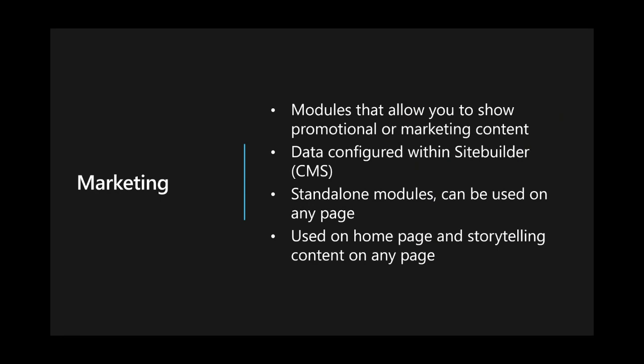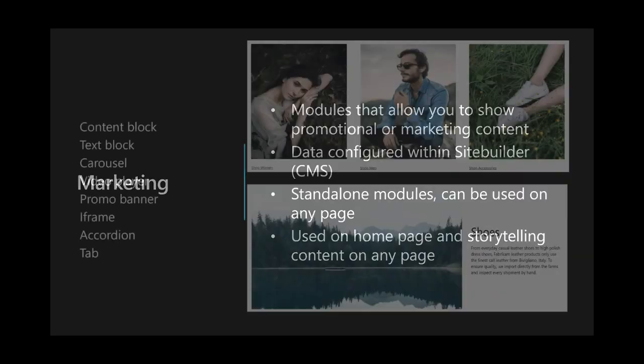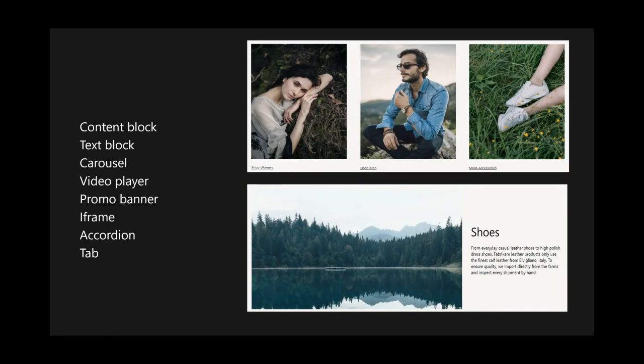All the content can be fully programmed within Site Builder, and they can be used on any page, typically on the homepage and marketing pages, but they can also be used for storytelling content on a PDP, a category page, or a search page, etc. Examples of marketing modules include content block, text block, carousel, video player, promo banner, iframe, accordion, tab, etc.